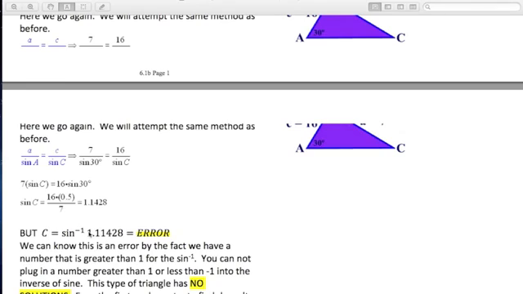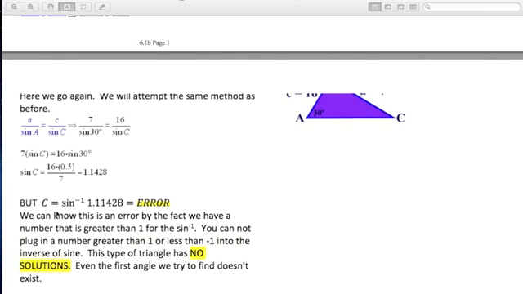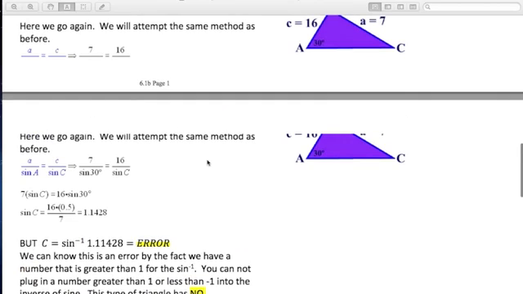Because we can never have a number bigger than 1 or less than -1 inside sine inverse. So when I got sine of C equals a number bigger than 1, I automatically knew that there was going to be no solution. Even if you forget that, when you do sine inverse of that number, it's going to give you an error because it's not possible. And so this is the kind of triangle where there is actually no solution.